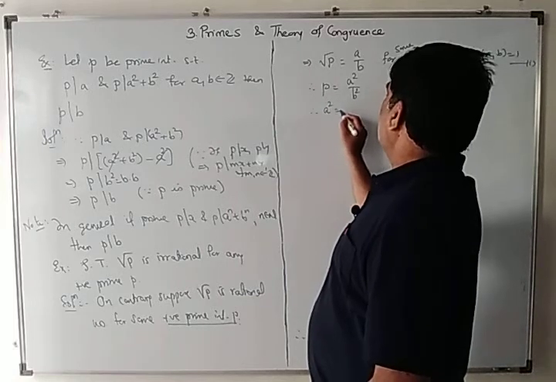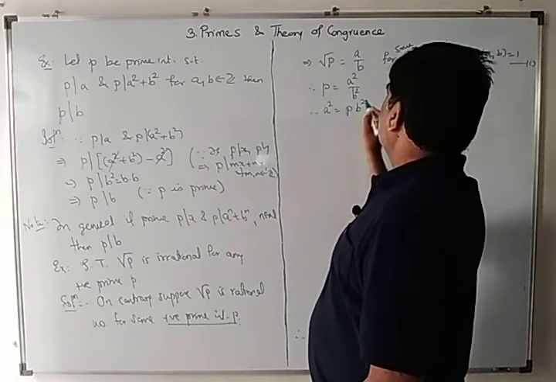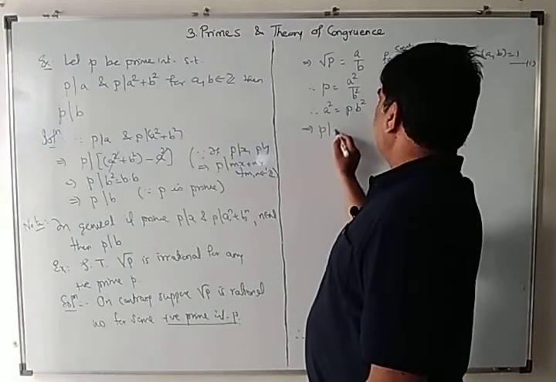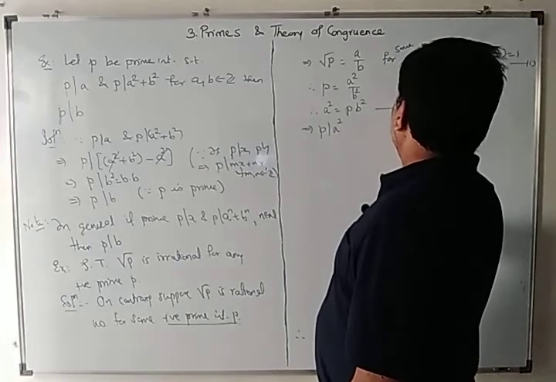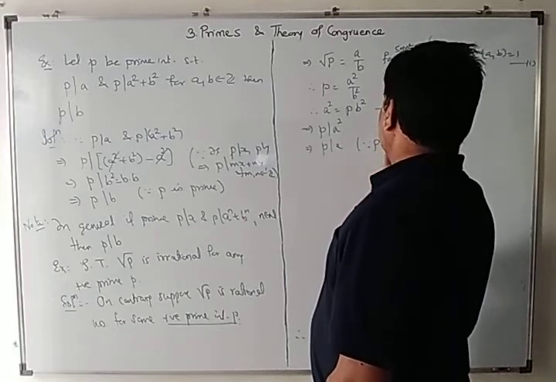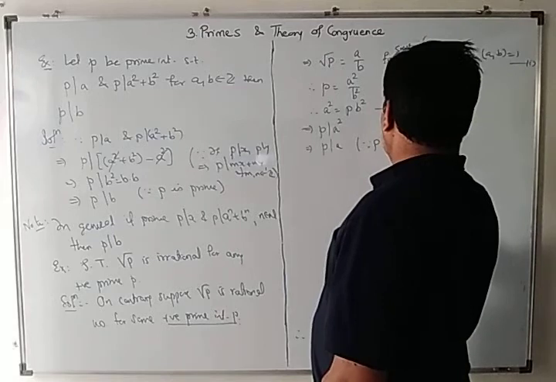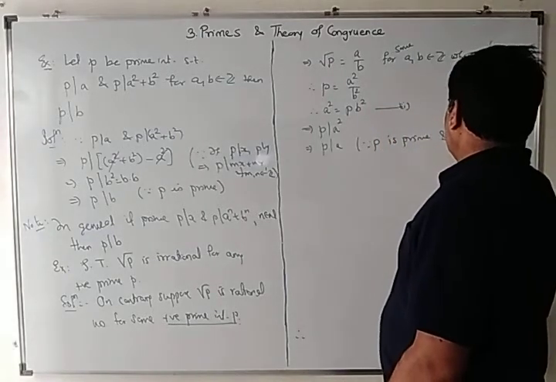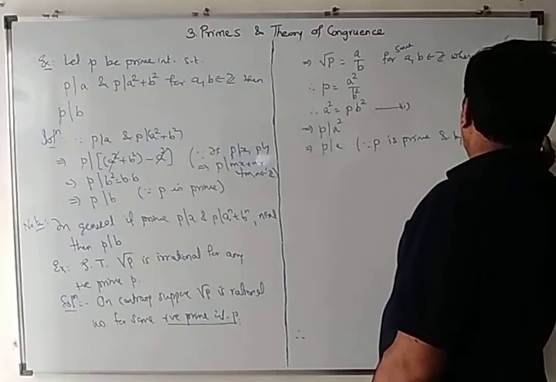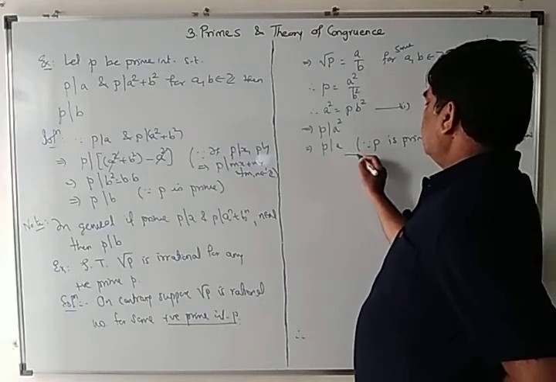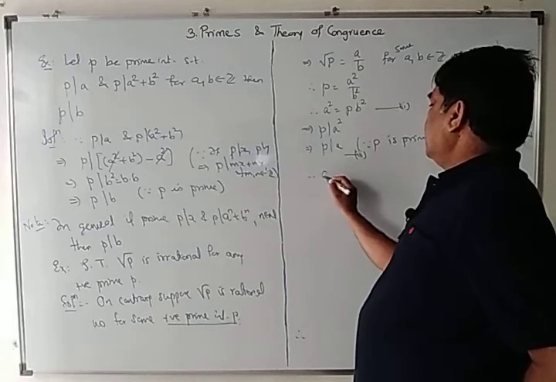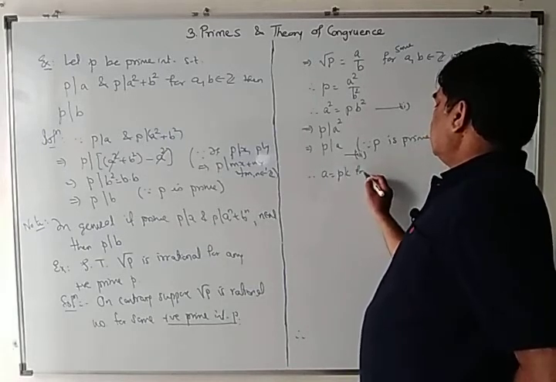Therefore A square is equal to P B square. This implies P divides A square. This implies P must divide A since P is prime, and by Euclid's lemma. So this is 3 now. And therefore A equals P K for some K belonging to Z.